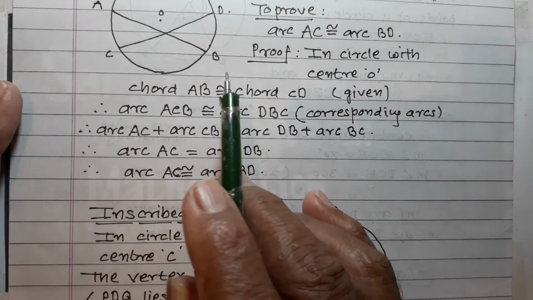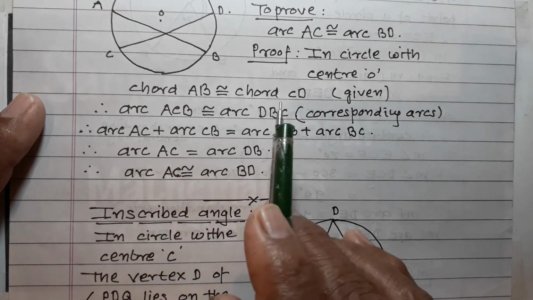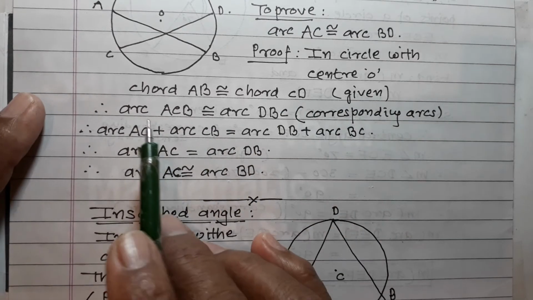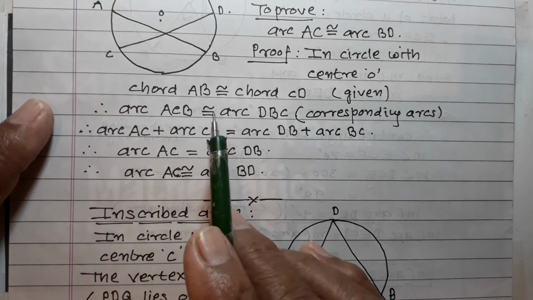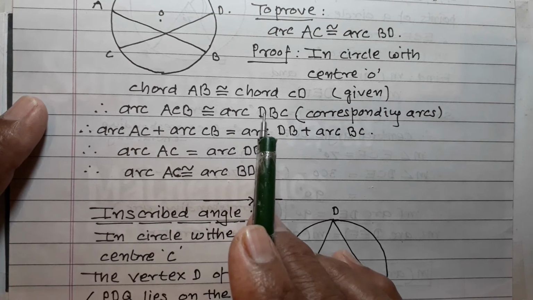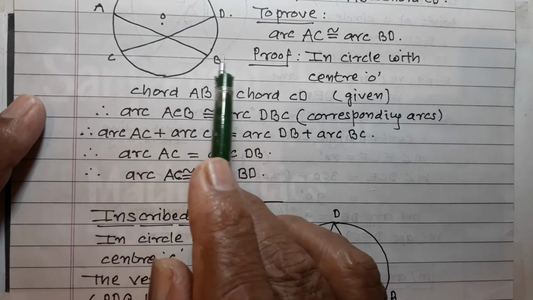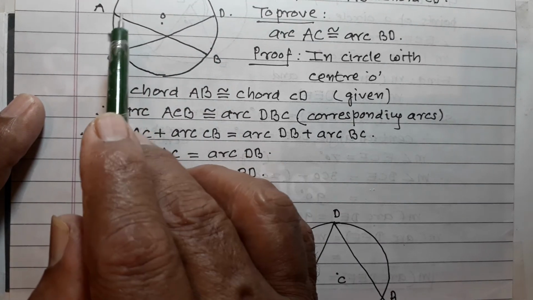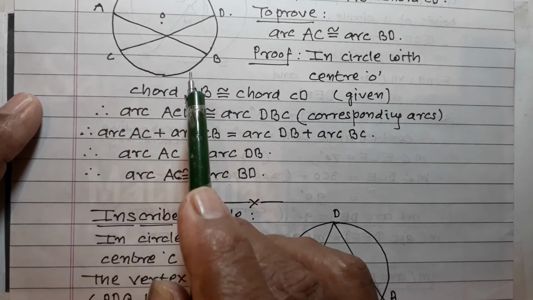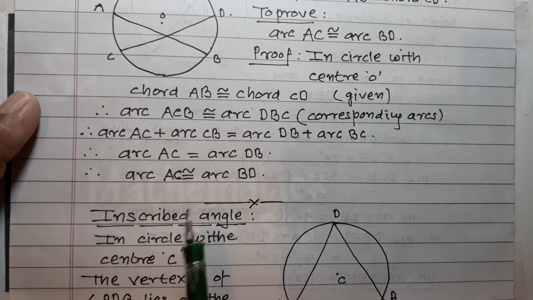Try to understand the proof. In the circle with center O, chord AB is congruent to chord CD, given, and therefore arc ACB is congruent to arc DBC. So this chord and this chord are equal, therefore this arc is equal to this arc, and now this part is common, so these are equal.